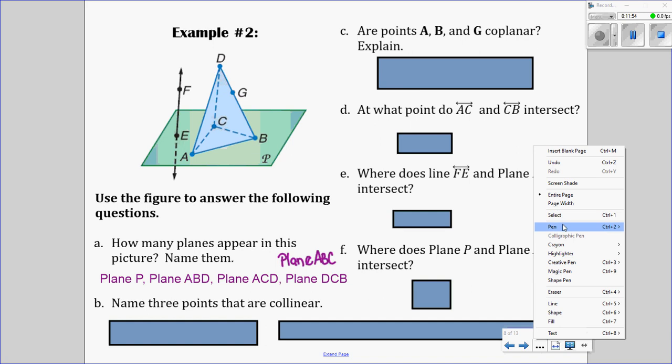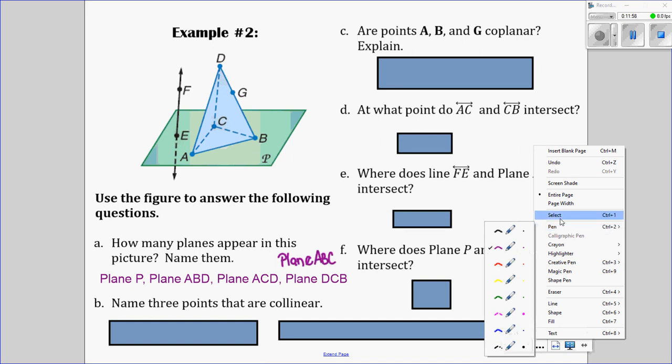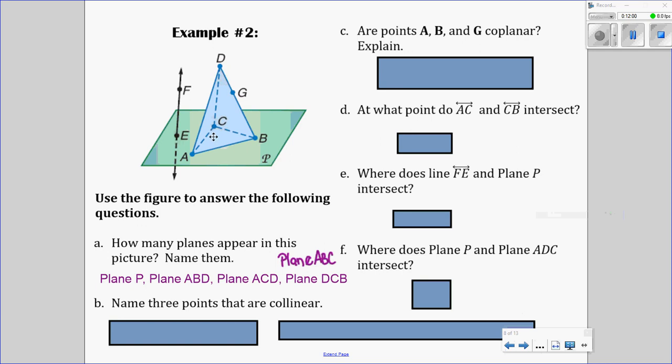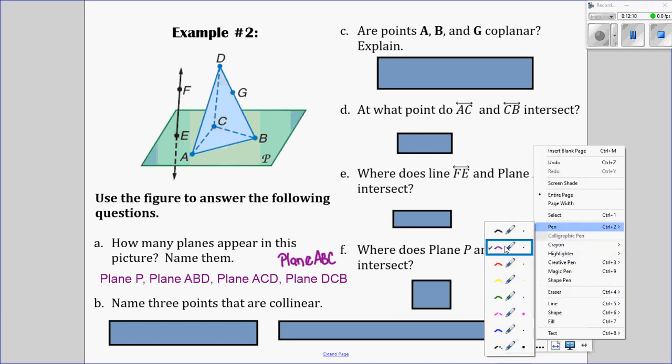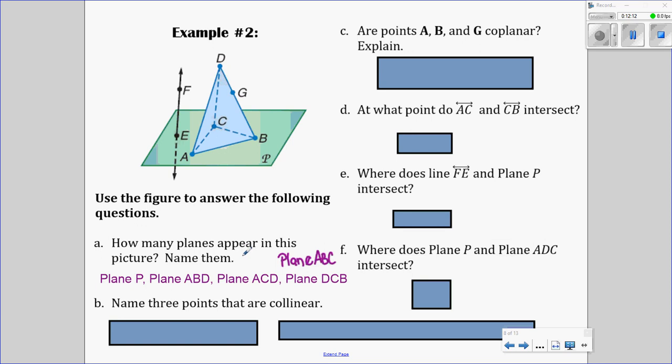Yes, ABC is sitting on plane P, but if you were to remove plane P, then this would still be counted as a plane. It's just a plane sitting on a plane. Sounds funny. But yes, so there's 5 of them. So we got plane P, plane ABD, plane ACD, plane DCB, and plane ABC.